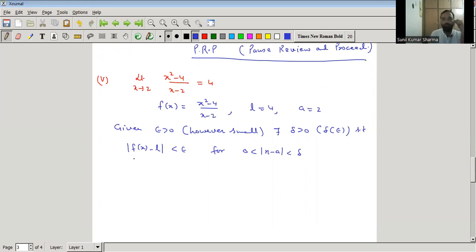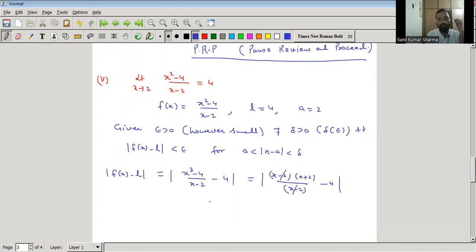So what we do, we estimate mod f(x) minus L. Mod f(x) minus L is x square minus 4 upon x minus 2, and L is 4. So we can write x square minus 4 as x minus 2 into x plus 2, and x minus 2 cancels. So we get mod x plus 2 minus 4, and that is equal to mod x minus 2.